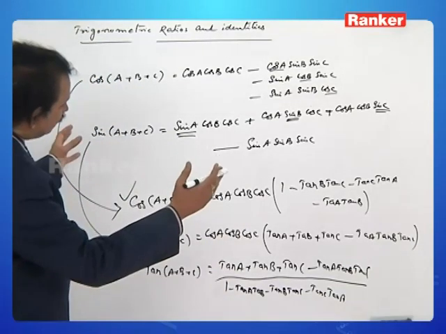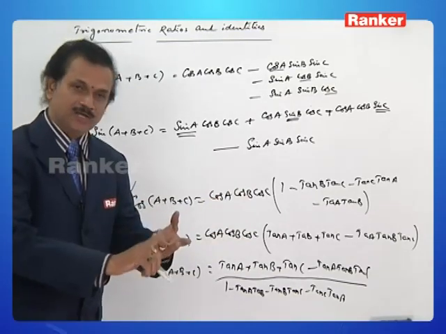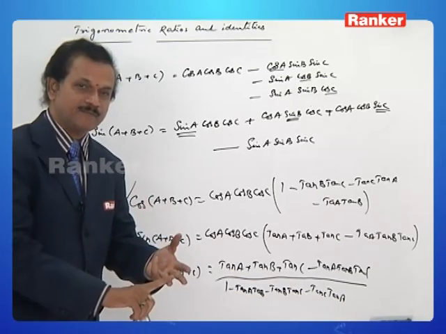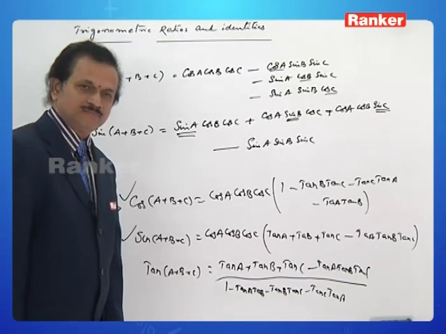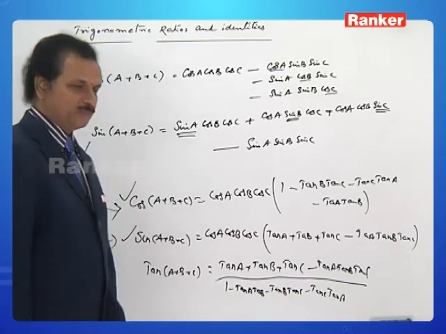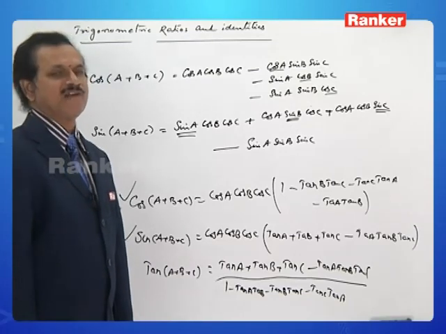So at a glance we are able to see all of them, sine of A plus B plus C, cos of A plus B plus C and tan of A plus B plus C at a stretch. Yes, please remember the style of getting them. What is sine of A plus B plus C?